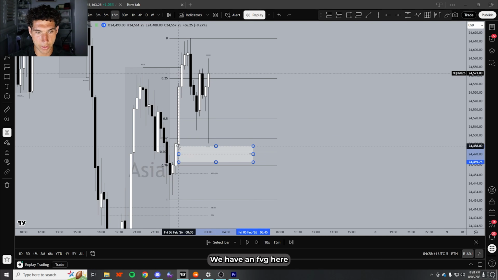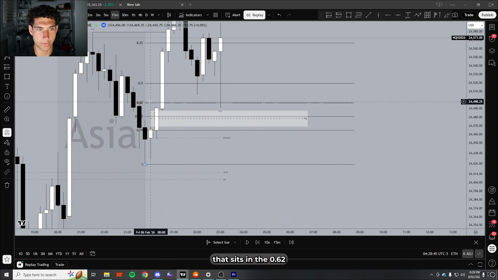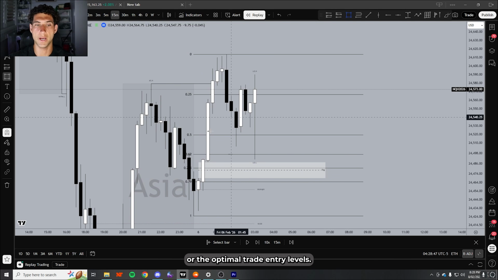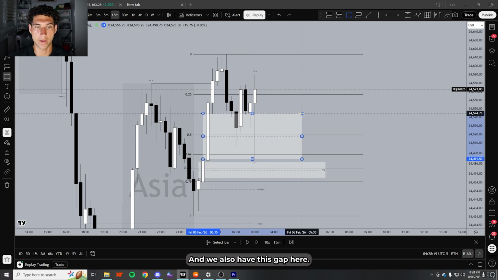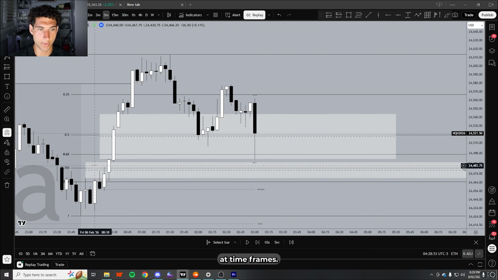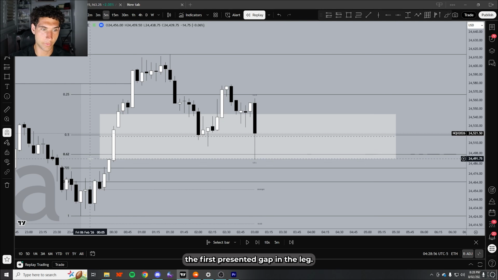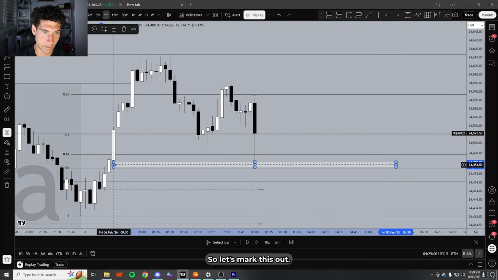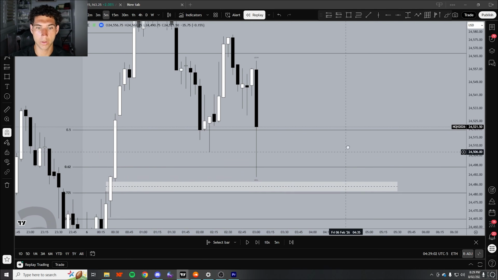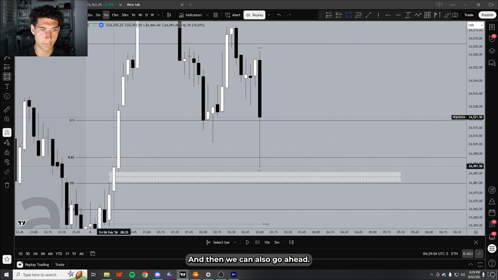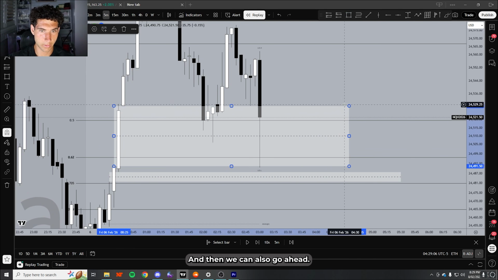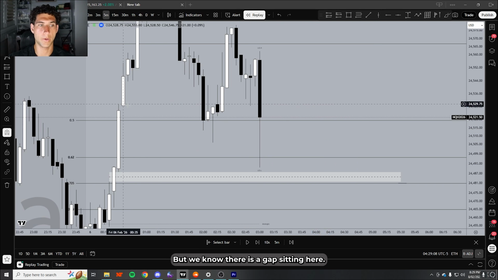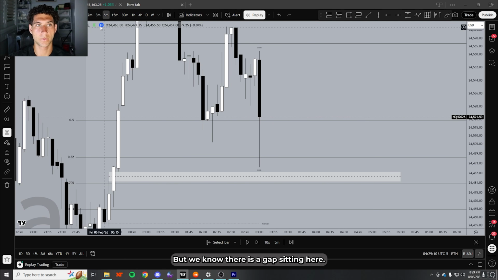We have an FVG here that sits in the 0.62 or the optimal trade entry levels, and we also have this gap here. We can also go down to the lower time frames and we can see the first presented gap in the leg. So let's mark this out, and then we can also go ahead, and that's a bit too big, but we know there is a gap sitting here.